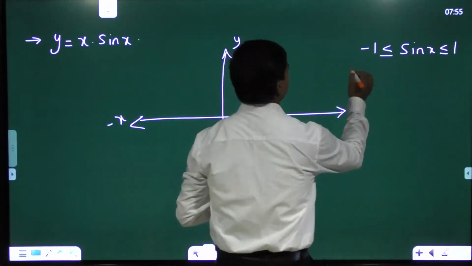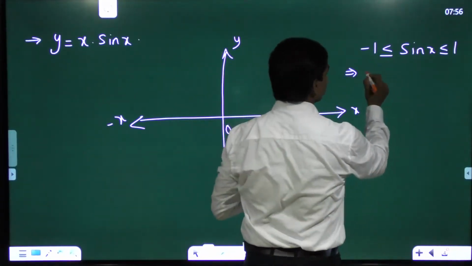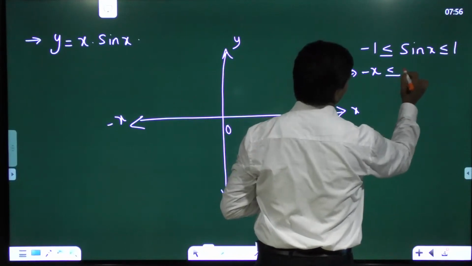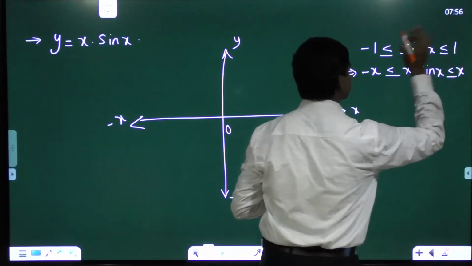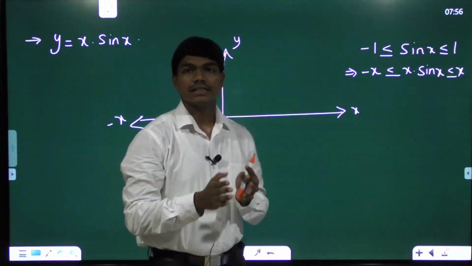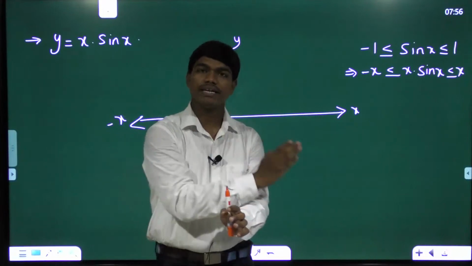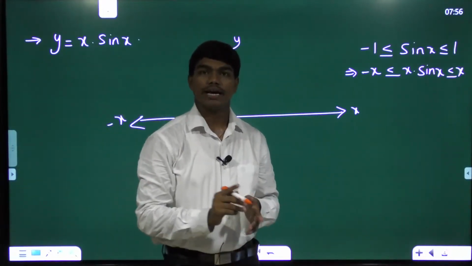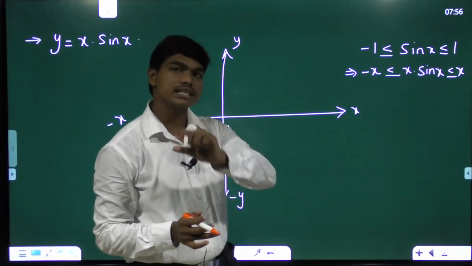Now, if you multiply this complete inequality with x, what would you have? Minus x less than or equal to x into sin x less than or equal to x. Correct? Which means this x into sin x always lies in between the lines y is equal to minus x and y is equal to x. So first let us trace out the lines y is equal to minus x and y is equal to x.